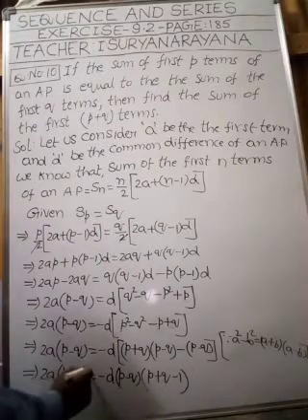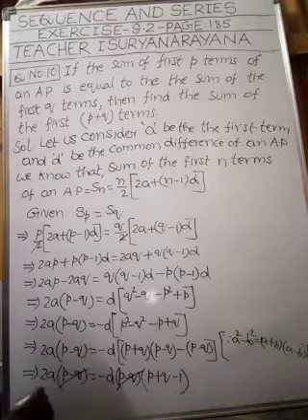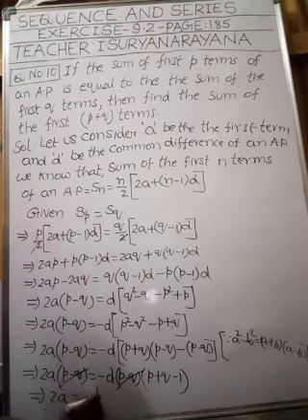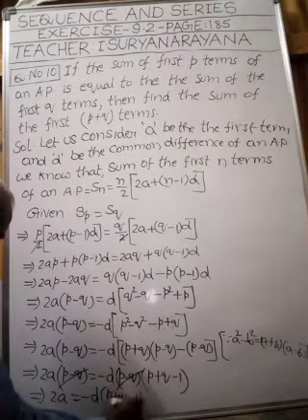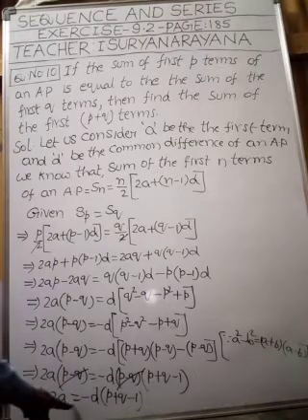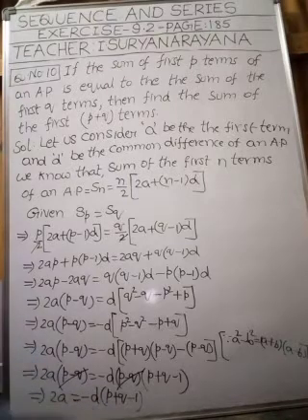Right. Here p minus q gets cancelled. Then what will you get here? 2a is equal to minus d into p plus q minus 1. Understood this step, my children?